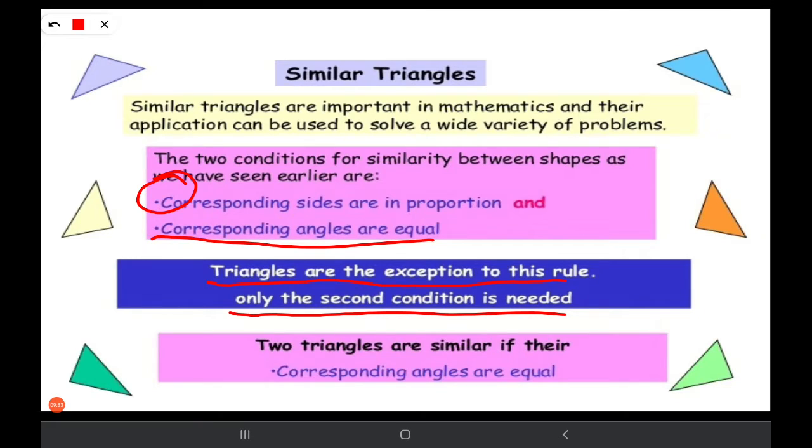So two triangles are similar if their corresponding angles are equal. If the corresponding angles of two triangles are equal, then the two triangles are said to be similar.